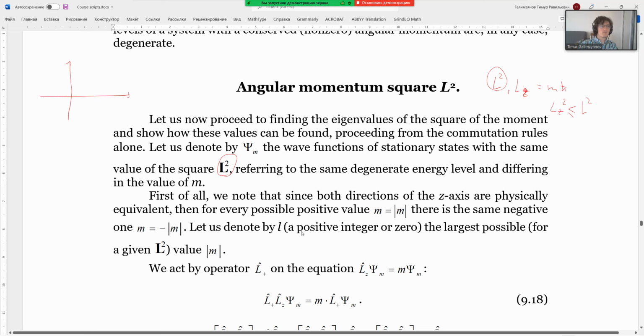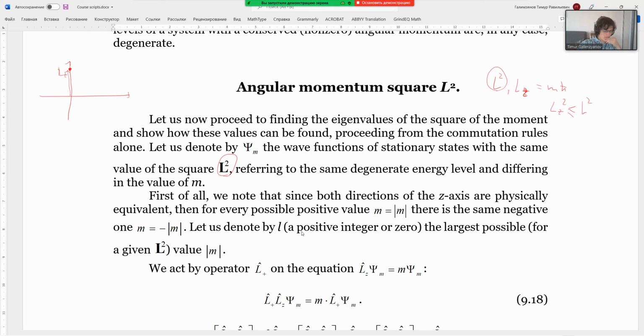You understand, if you have projection Lz, this projection cannot be larger than the absolute value of the vector. It can be smaller, but it cannot be larger.